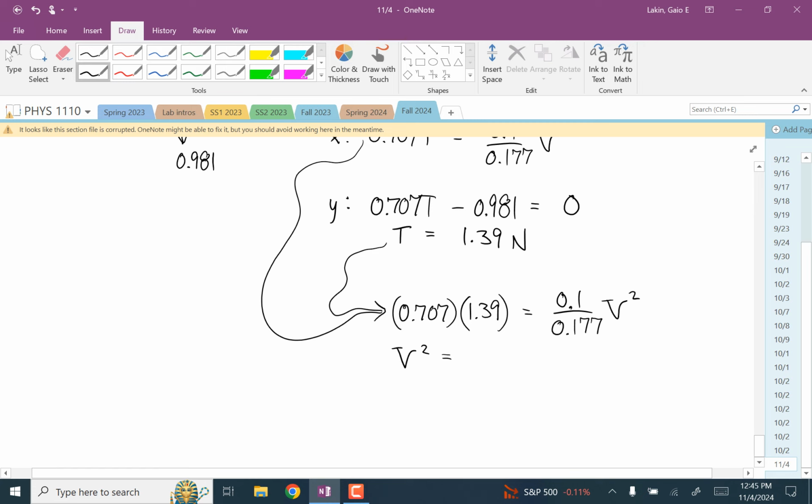So v squared is 1.736. Take the square root, and you get 1.32 meters per second. And you have to choose which one of these you want, but this is a speed, so we want the positive. Speed is always positive.